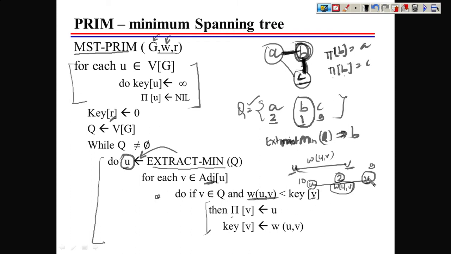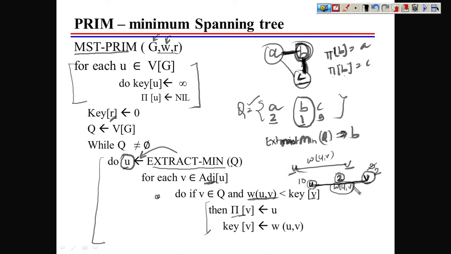That means in order to reach v, we will follow from u, because this is the better path, this cost is lesser, the best among all the available options. So if this is true, we will also update the key of v to w(u,v), and now this is not 9, this becomes 2.